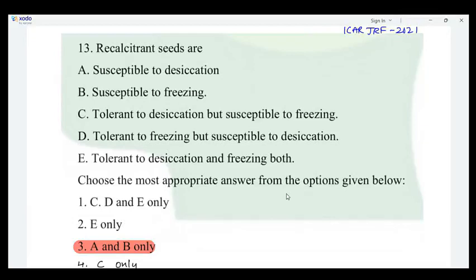How many of you agree that 3 is right? I got 2 answers. Nice. Okay, A and B, very good.